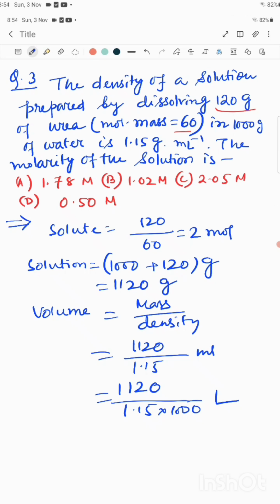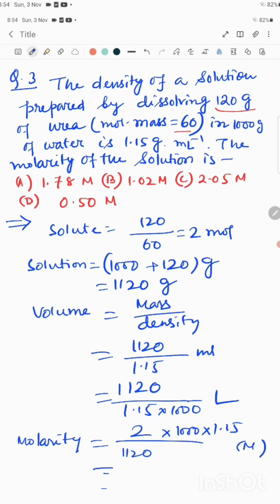So simply, molarity means mole per liter, the number of mole of solute per liter of the solution. So here the number of mole is 2 by 1120 by 1.15. This is molarity, and if you calculate, what will come? Let's calculate this one.